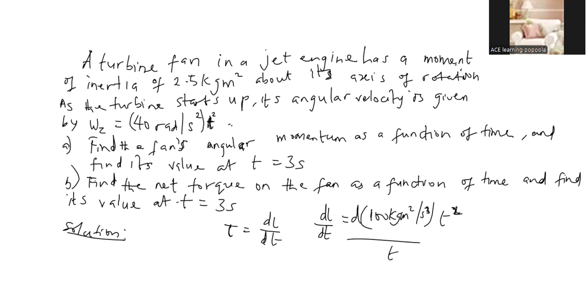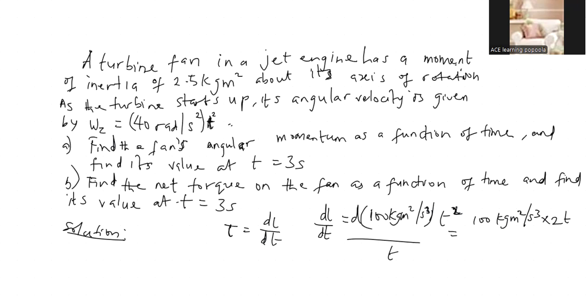It becomes 100 kilogram meter squared per second cube times 2t, where you differentiate t squared with respect to time. This is the net torque on the fan as a function of time.